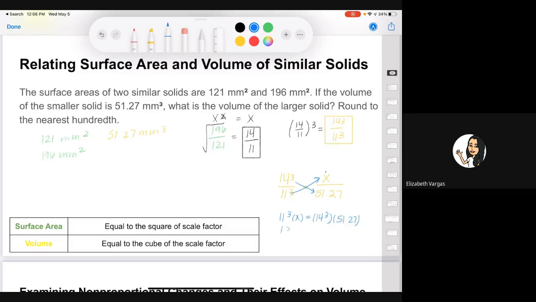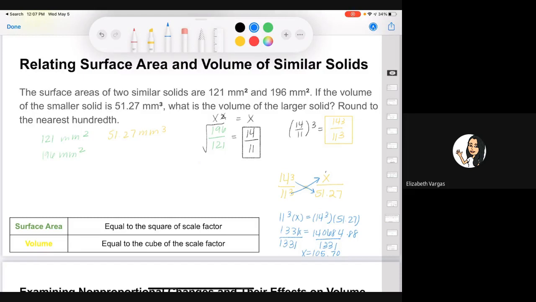This is a large number. This is x, so I'm going to divide by 1,331 on both sides. And that tells me x is equal to 105.70. So that would be the volume of my larger figure.